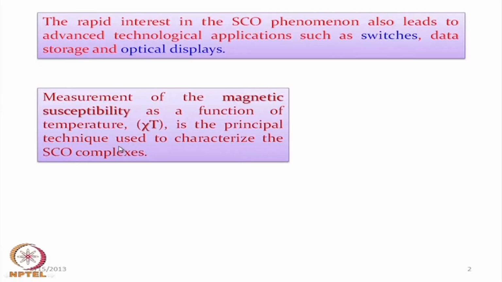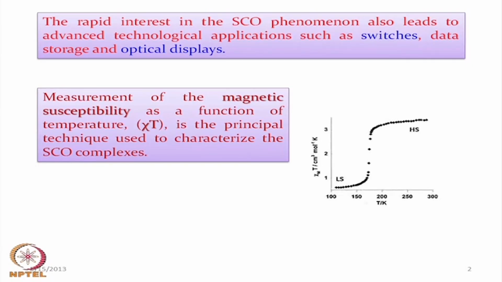The measurement of magnetic susceptibility is the most useful one for characterization of spin crossover complexes, and if we plot the chi-mT values, which is in centimeter cube mole inverse K, against temperature in Kelvin, from 100 to 300 Kelvin, this susceptibility and temperature product, the product of molar susceptibility and temperature, this is chi-mT.